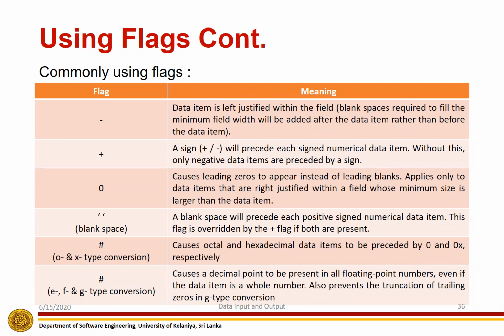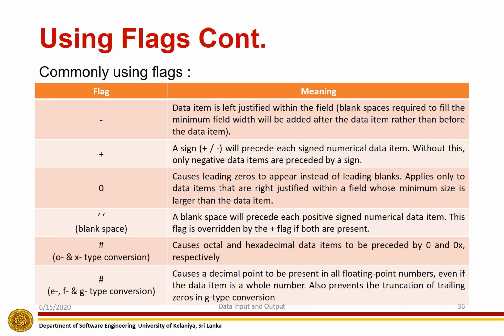The first one is the minus mark, for when the data item is left justified within the field. Blank spaces required to fill the minimum field width will be added after the data item rather than before the data item. The next one is the plus sign, which causes a sign, plus or minus, to precede each signed numerical data item. Without this, only negative data items are preceded by a sign.